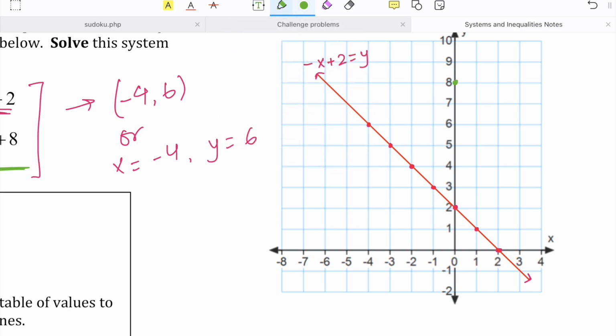Now we'll draw the points for our green graph. So it's 0, 8, there is negative 2, 7. Then there is negative 4, 6. There is negative 6, 5. And there is 2, 9 as well.